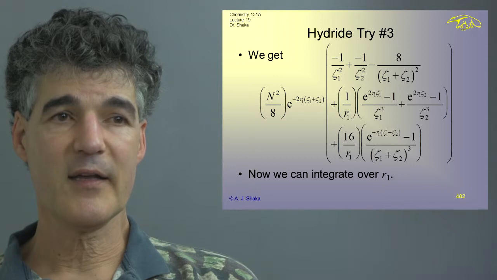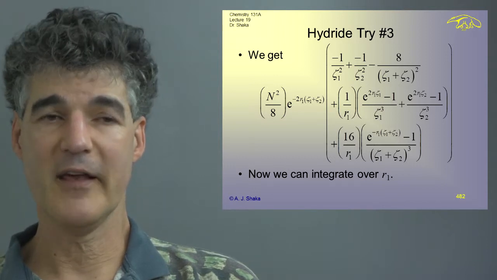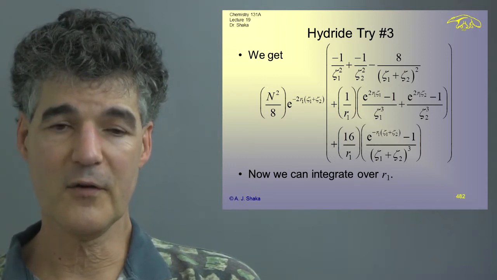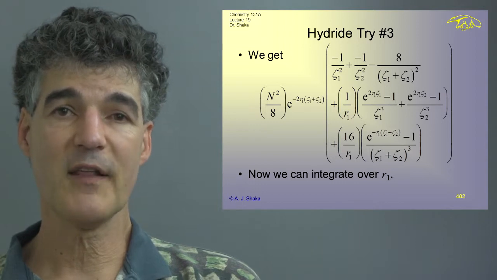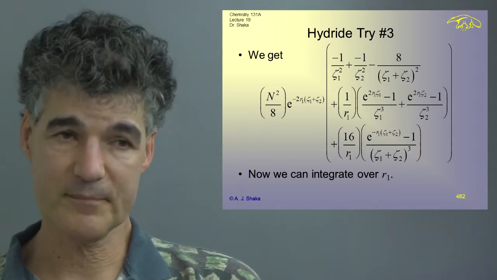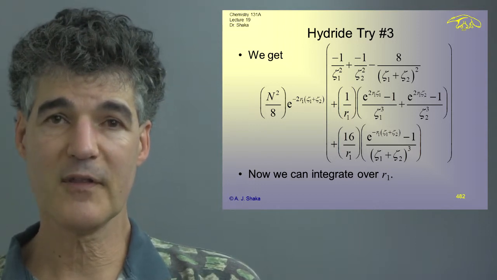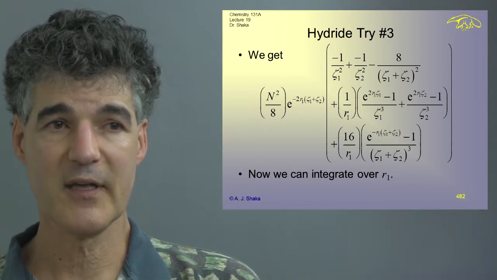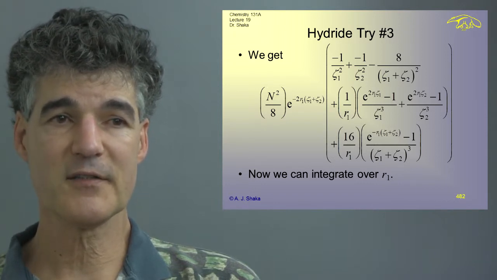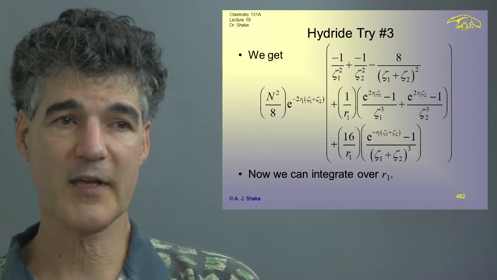Now we've got this done then. That's the integral over R2. We've now got to integrate this thing over R1, just like we did before with the single electron terms. And that's good because at least it doesn't get any more complicated.